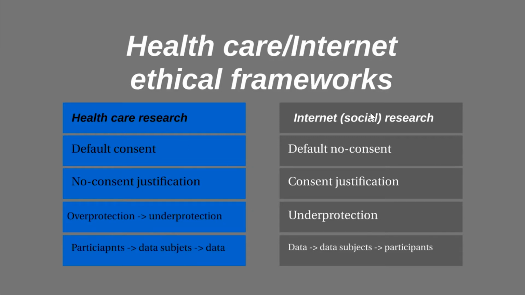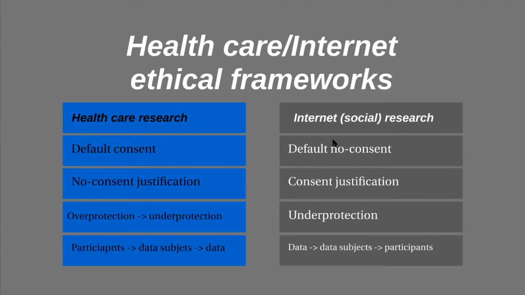And actually, when you look at what is happening right now in internet social research ethics, it is the reverse situation. When people do research using social networks like Twitter, they do not think that the default option is consent.